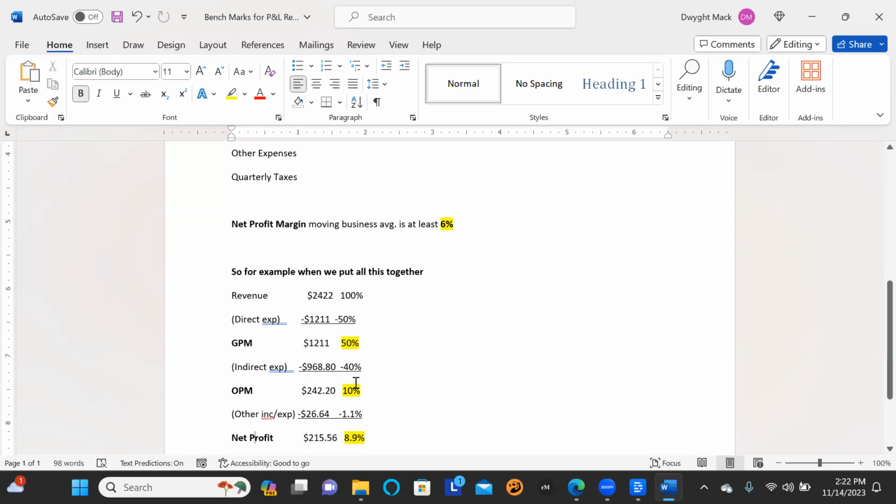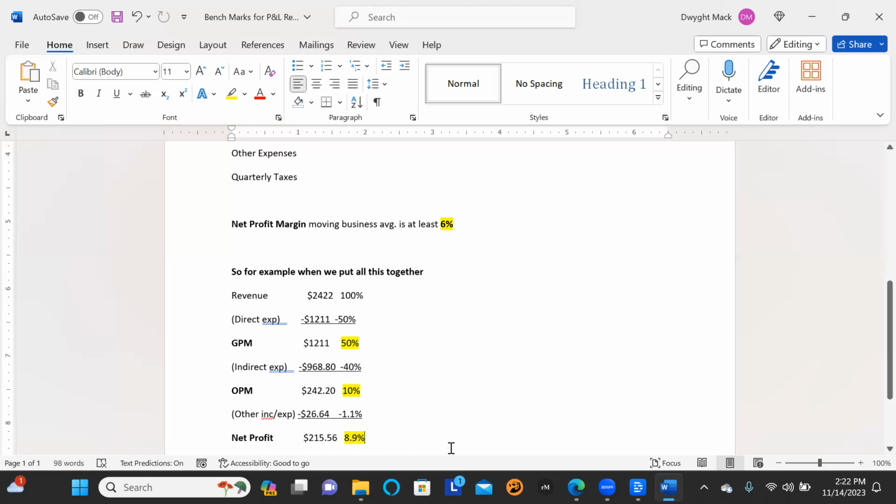Your indirect expenses were about 40%. That's going to be about $968.80, leaving you with $242.20 before going into your other income and expenses. Your other expenses end up being $26.64. So it left you with a net profit of just under 9% at $215.56.